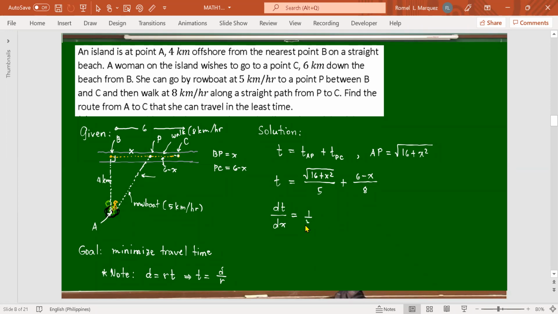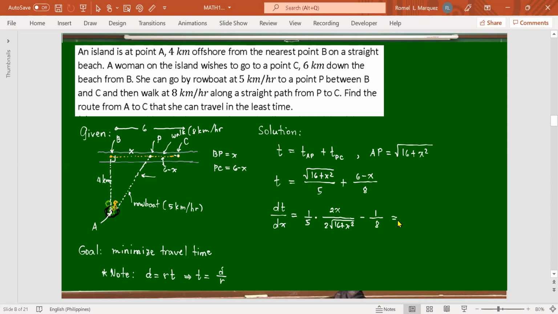That is a constant. What's the derivative of square root? Derivative of the radicand over 2 square root of the radicand. Get it, guys? Yan. Minus 6 over 8, 0. Negative x over 8, 1 over 8. Yan. That's the derivative. Okay?